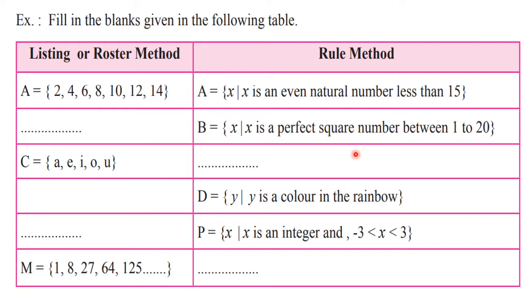I gave you the square numbers as homework, so you can use those squares now. You can write down the square numbers. 1 square is 1, but we don't want 1, so 1 will not come here in this set. 2 square is 4, so our set is going to start with 4. 3 square is 9. 4 square is 16. 5 square is 25, but 25 is not allowed because we want less than 20.